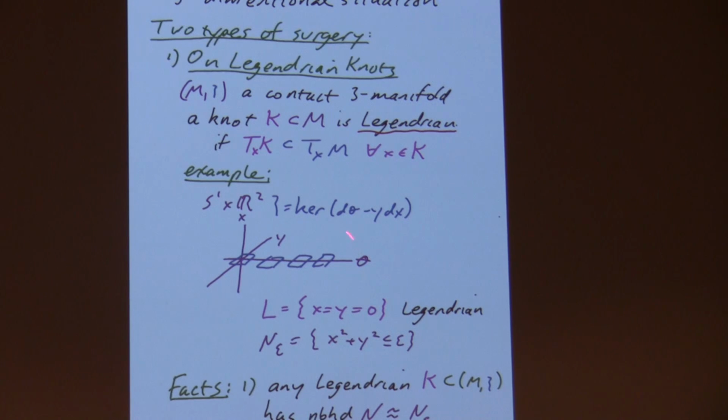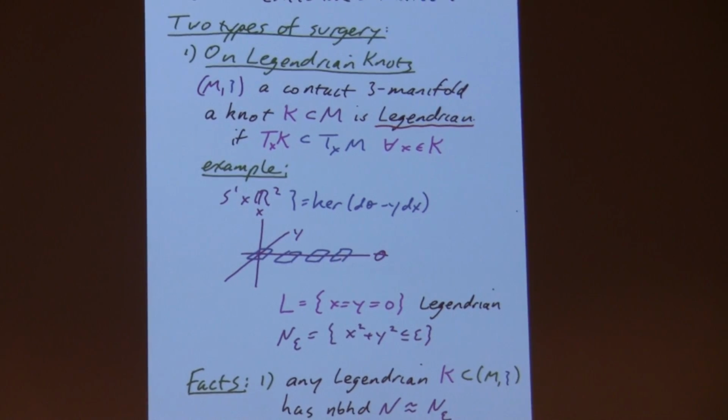The canonical example of a Legendrian is this example here, S^1 cross R^2 with a contact structure given by that form. It looks very familiar to one that we've seen before. Along the theta axis, so along the S^1, the contact planes are all tangent to the S^1, and they're all horizontal. As you move out along the y-axis, you start to get this left-handed twisting we talked about before.